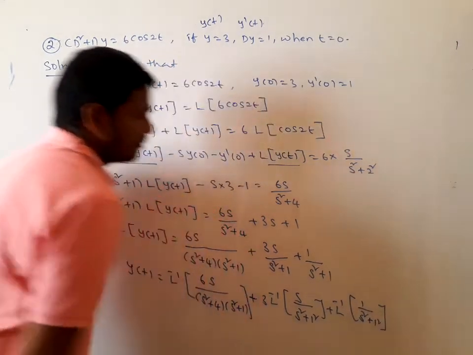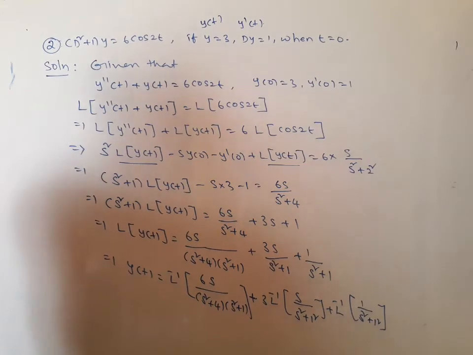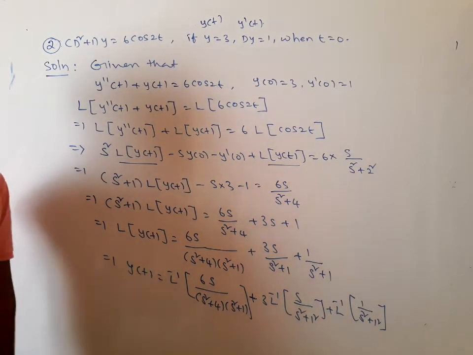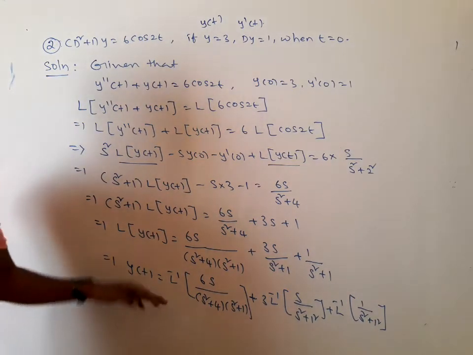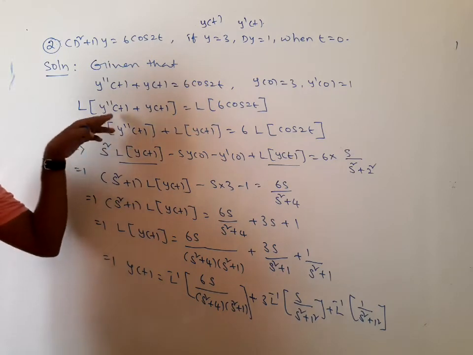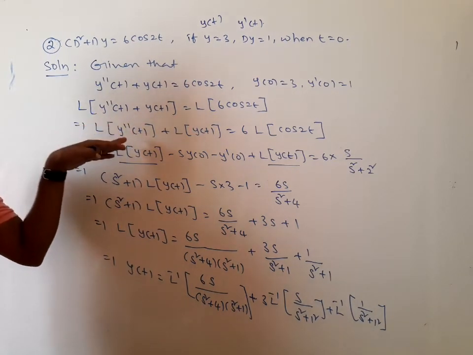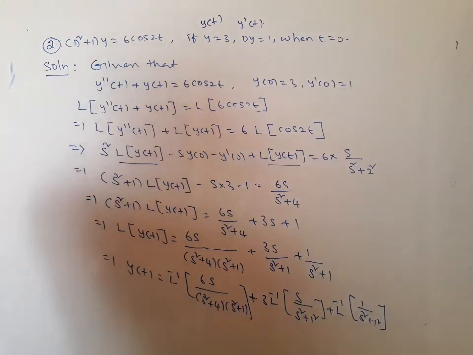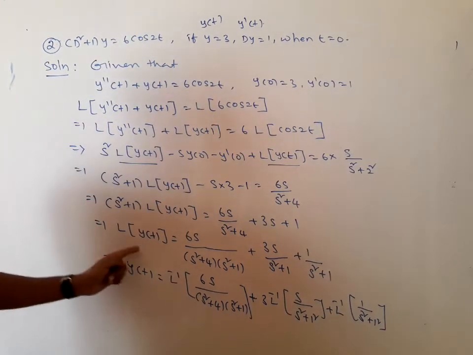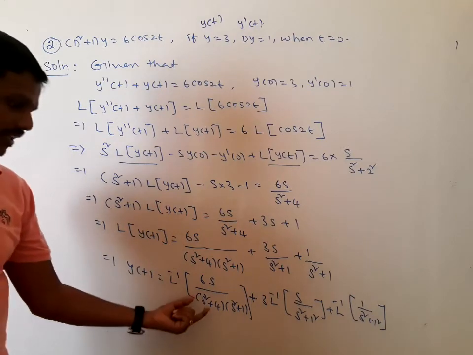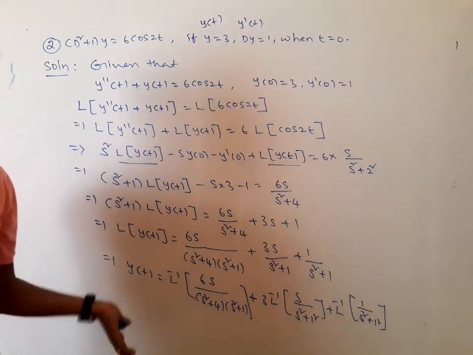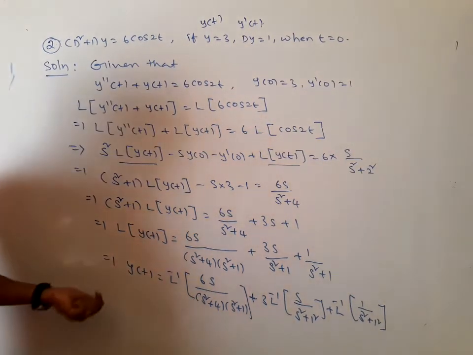In this method, only one step is the problem: finding the inverse Laplace transformation. The remaining is just using the formula for L of y double dash of t or y triple dash of t and replacing y of 0, y dash of 0, then writing in this form. If you find this in the right way, that will give our solution, right?